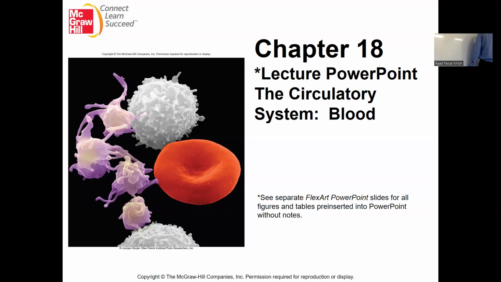We're going to be looking at the anatomy of the blood, or the structure of the blood, and we're going to be looking at the physiology. What's another word for physiology? Function. So let's look at the structure and function of the blood.